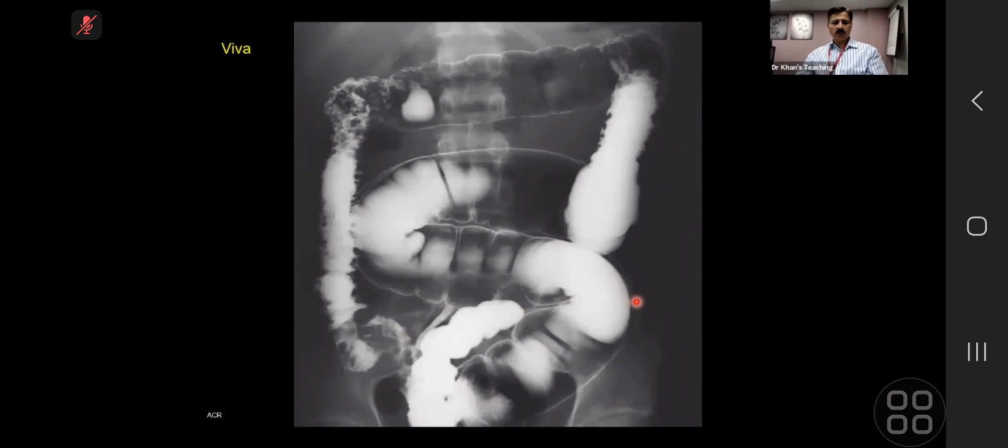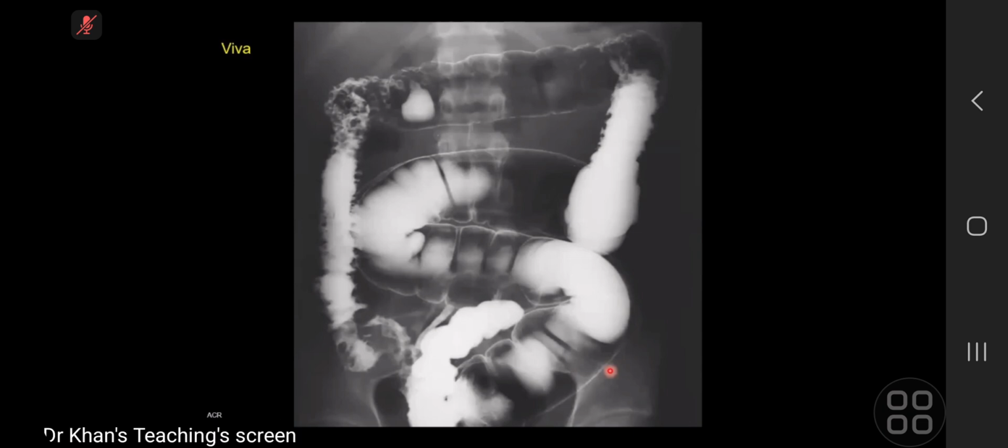Okay, over to you. This is a very good film and I want you to describe it, so I'm going to give you time. Please describe it. So it's a double contrast barium enema spot film, which is demonstrating abnormality centered in the ascending colon, a bit of transverse and descending colon as well.